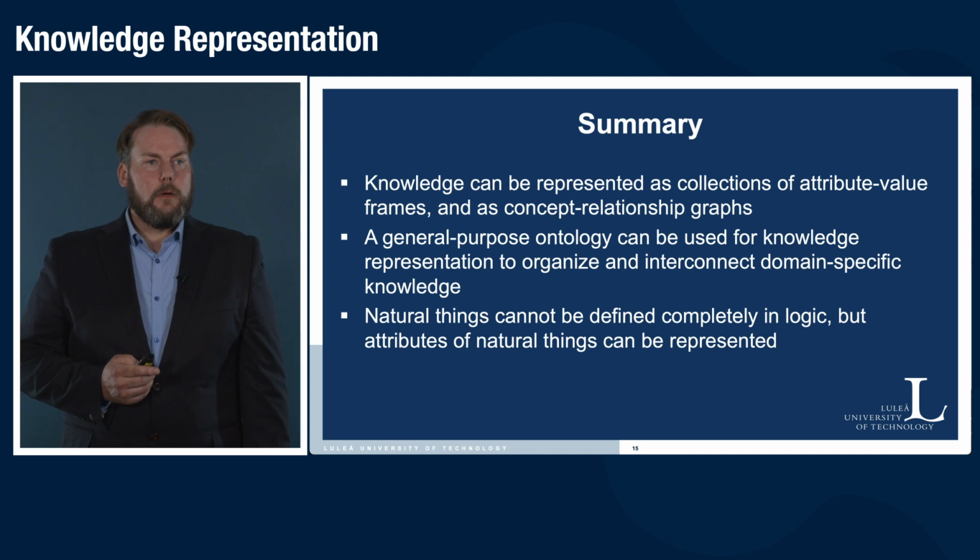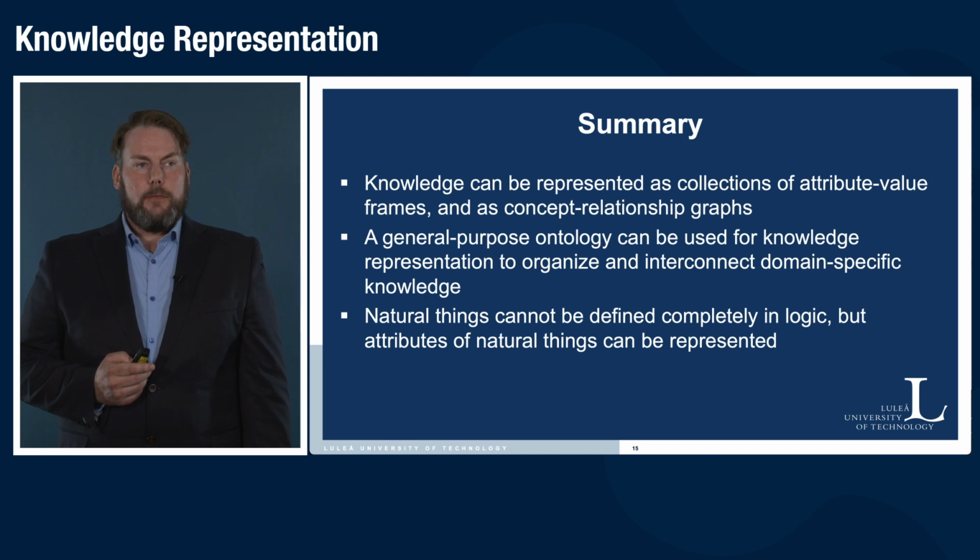So in summary, knowledge can be represented as collections of attribute value frames or as concept relationship graphs. And the general purpose ontology can be used for knowledge representations to organize and interconnect domain-specific knowledge. Natural things cannot be defined completely in logic, but attributes of natural things can be represented in this way.